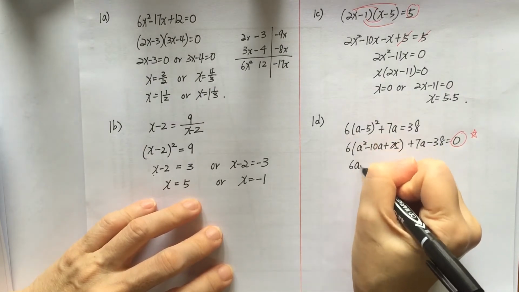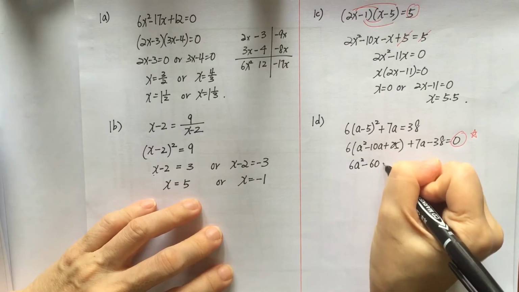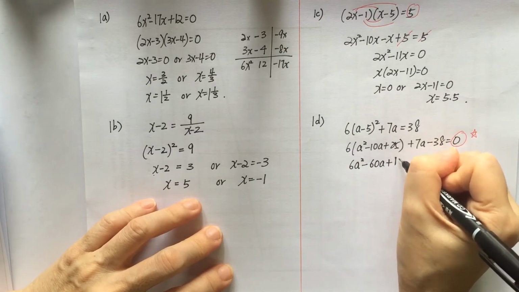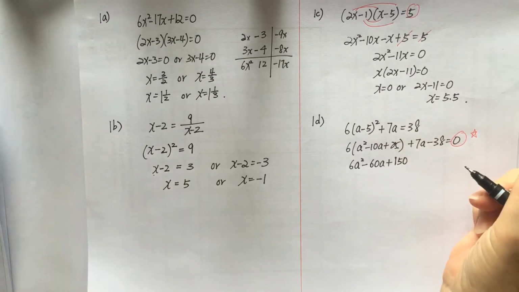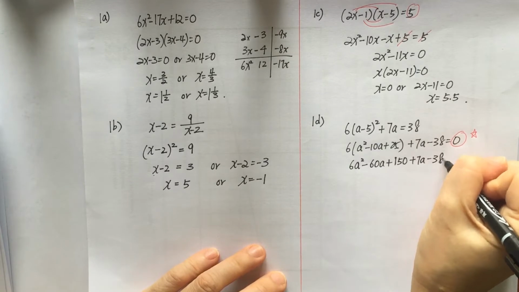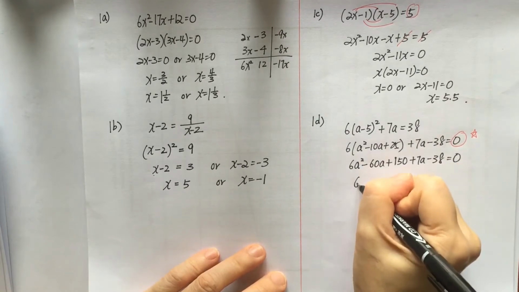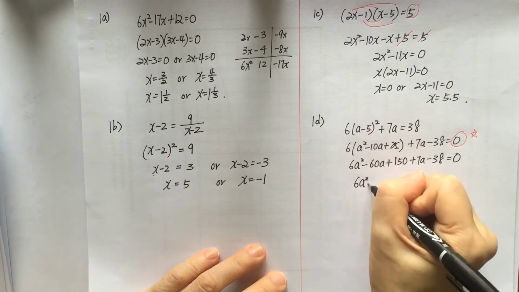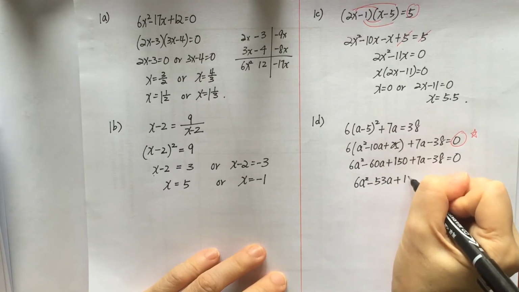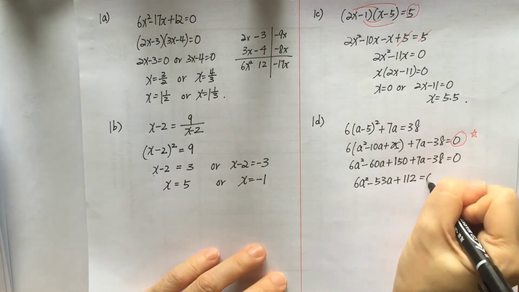So I have 6a squared minus 60a plus 150 plus 7a minus 38 equals to 0. So I have 6a squared minus 53a plus 112 equals to 0.